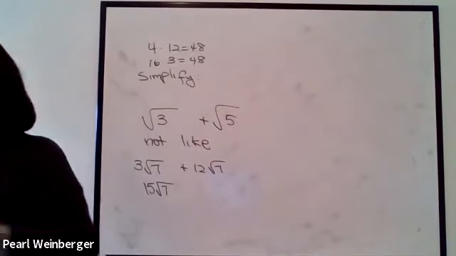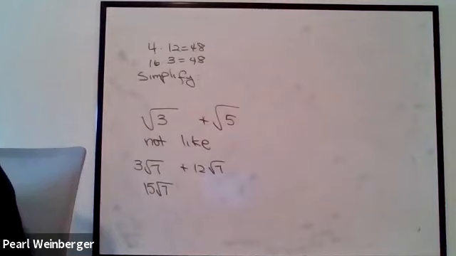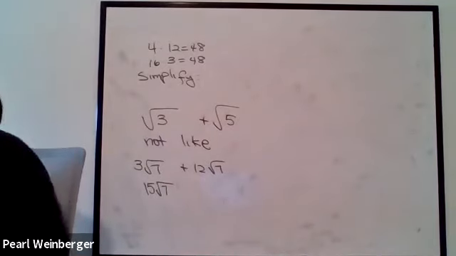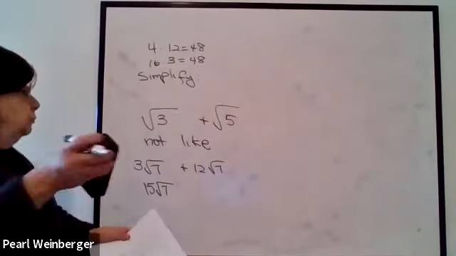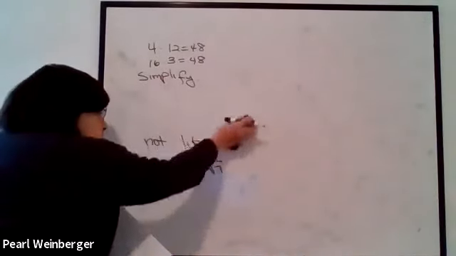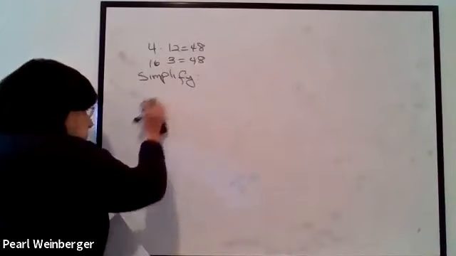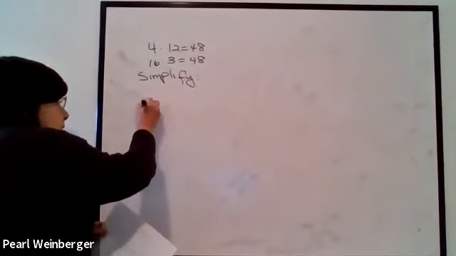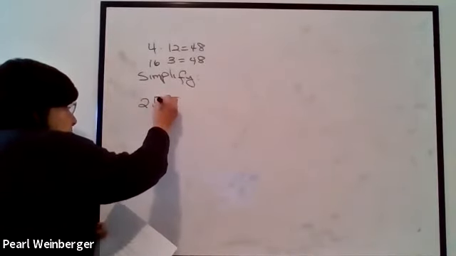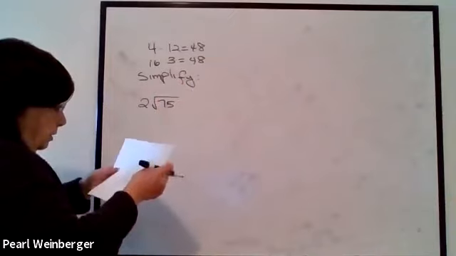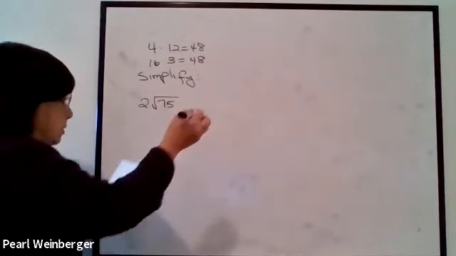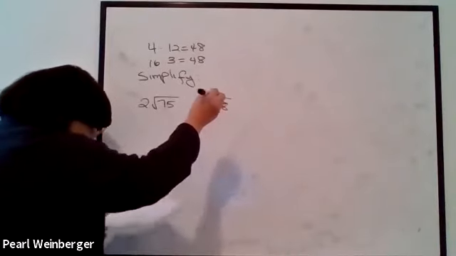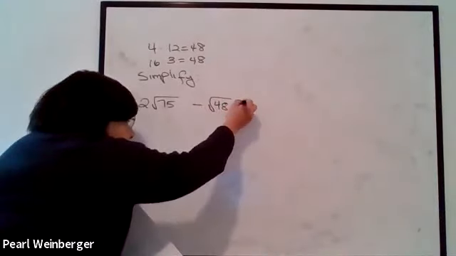So what happens if you have something that looks like this? 2 radical 75, I'm taking this off the sheet that I sent you, minus radical 48 plus radical 12.